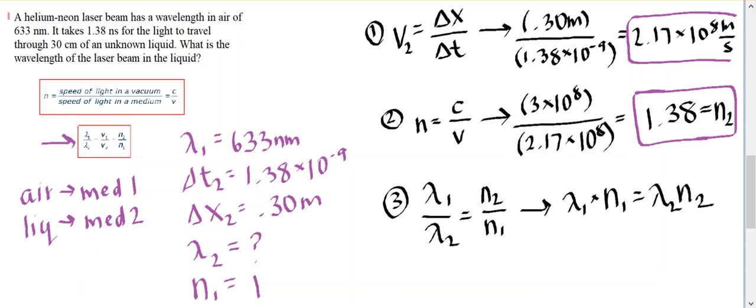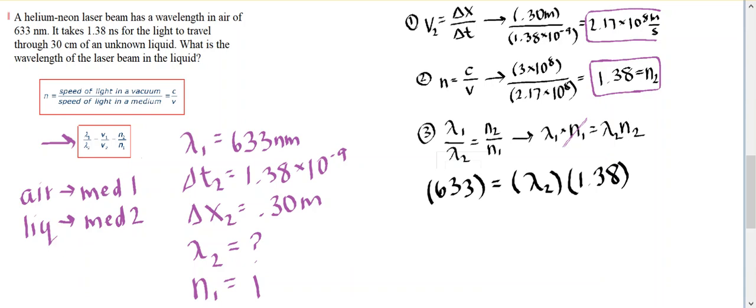Now we know that the index of refraction is 1 for medium 1, so we will just disregard that. And we have all these other values, so we will plug that in. And when we divide to solve for the wavelength 2, we get a value of 460 nanometers. And that is our final answer.